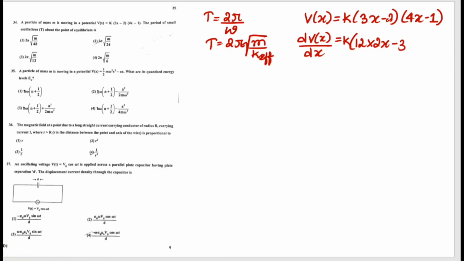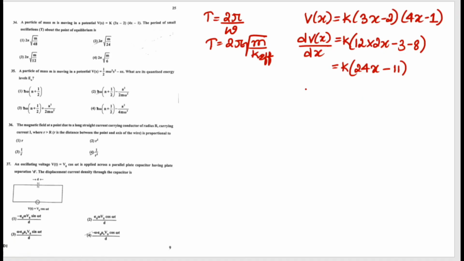Next, −2 times 4x is −8x, and differentiation of −8x is −8. Differentiation of −2 times −1 is a constant, so it is 0. So we get dV/dx equal to k times (24x − 8 − 3), that is 24x − 11.